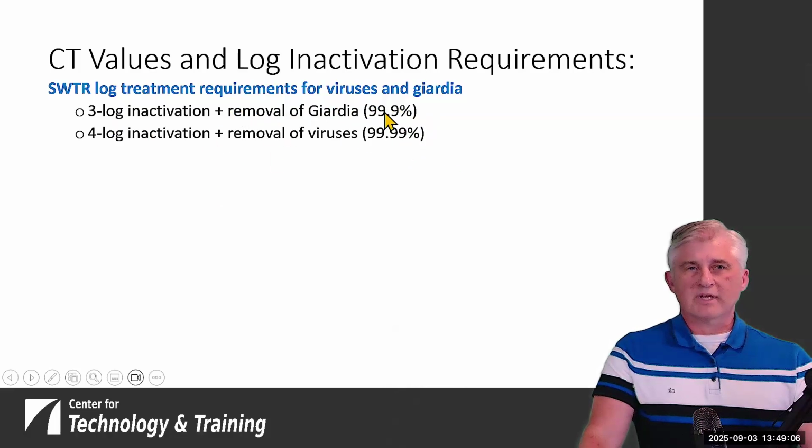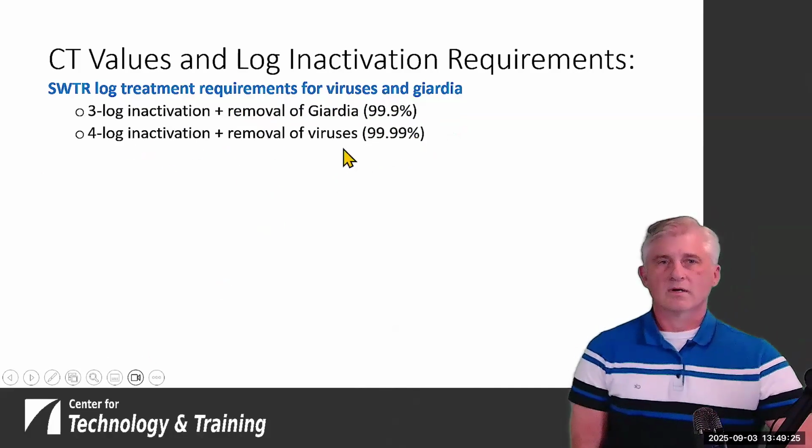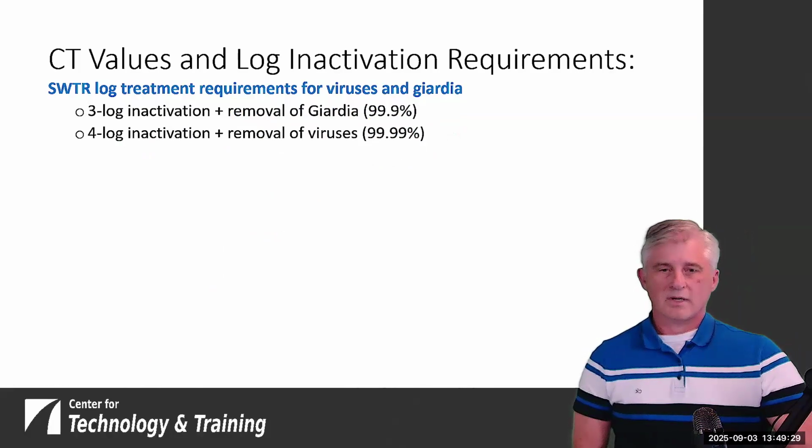So they consider this a 3 log. If this weren't a percentage, it's 1 out of 1,000 or 0.001. And this is 1 out of 10,000. So that's where the 3 and the 4 come from, another level from 3 to 4 that they're requiring.